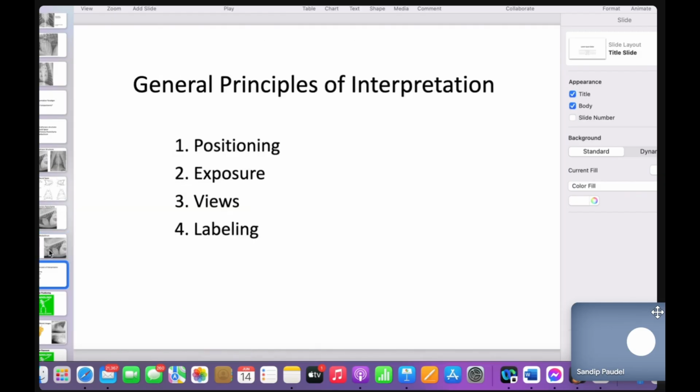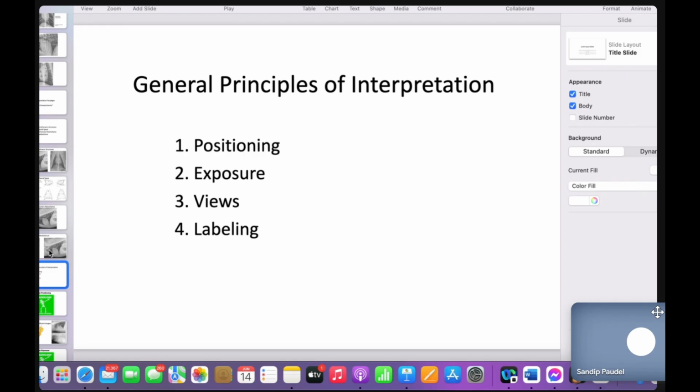Before going to further interpretation, we really need to understand some basic principles of interpretation. The most important things are positioning, exposure, views, and labeling. These things we always need to understand.